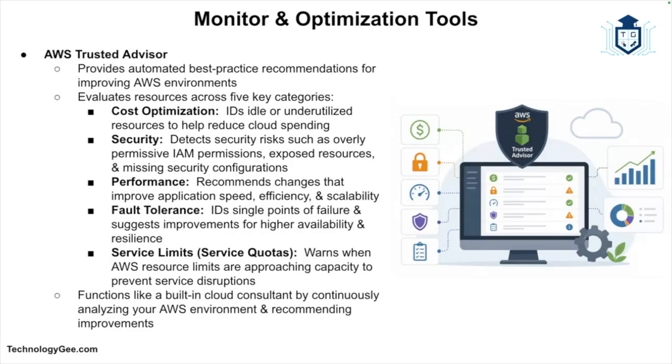All right, now let's talk about tools that help you avoid problems before they happen. The first tool is AWS Trusted Advisor. Basically, this tool gives you recommendations across 5 pillars: cost optimization, security, performance, fault tolerance, and service limits. So it's like having a cloud consultant built into your account.